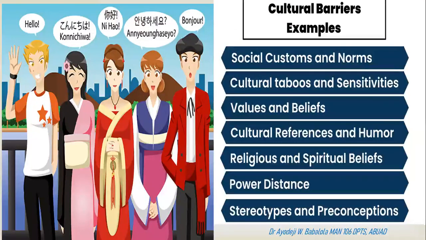You see, examples of cultural barriers include social customs and norms, cultural taboos and sensitivities, values and beliefs, cultural references and humor, religious and spiritual beliefs, power distance, stereotypes, and preconceptions.